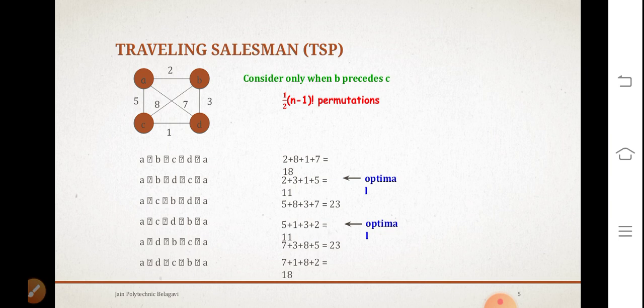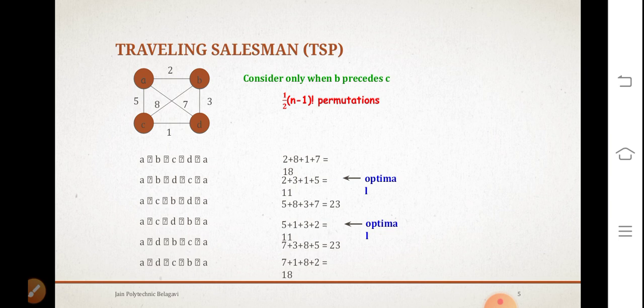Similarly, for the other cities we have distances: B to C is 8, B to D is 3, B to A is 2, D to A is 7, C to D is 1, D to B is 3, and so on. We have to check which is the shortest path among these paths, visiting each city exactly once.